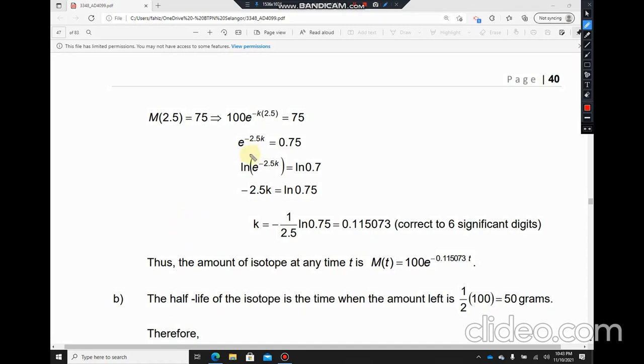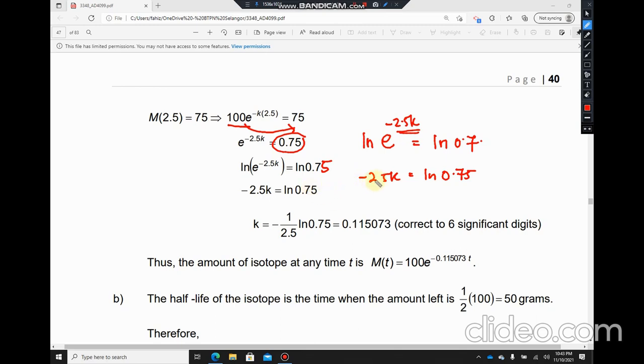Okay, so we solve this one. 100 bawa ke sebelah kanan, dia akan jadi 75 divide by 100, so 0.75. So nak bawa K ke bawah, letak ln kiri dengan kanan. So kat sini dia akan jadi ln E negative 2.5K equals to ln 0.75. So this one automatic dia akan jadi negative 2.5K equals to ln 0.75.